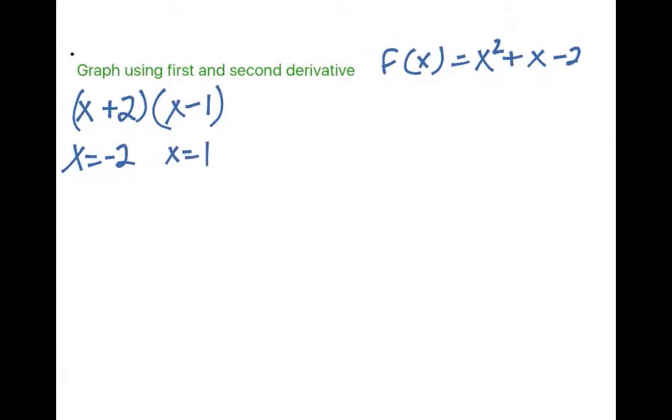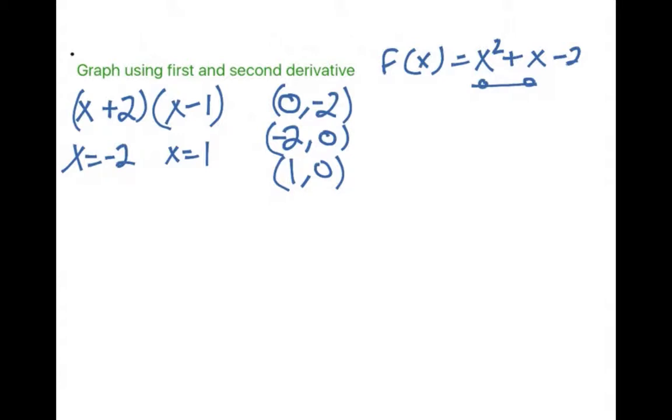Our y-intercept is fairly easy. We just plug in a 0 for x, and that will give us negative 2. So let's write out these intercepts: (negative 2, 0), (1, 0), and (0, negative 2).